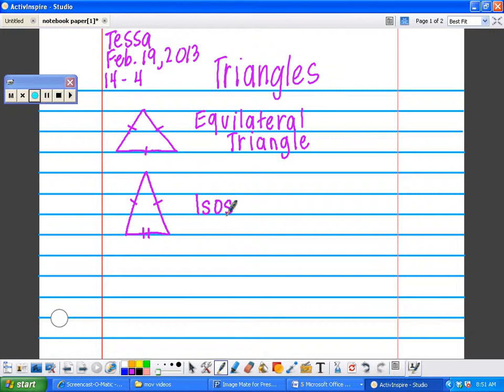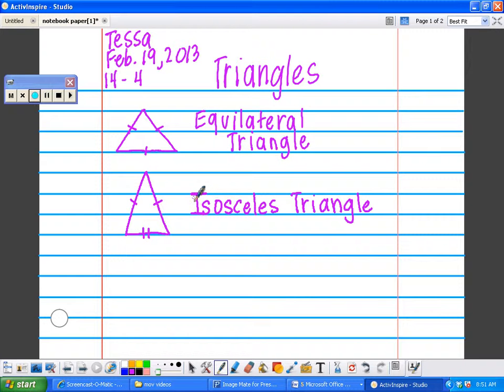Isosceles. I can spell it right. Isosceles has 2 equal sides and one that's different. When I write a capital I, I can put it like this, just my little line, or I can put 2 lines on it.